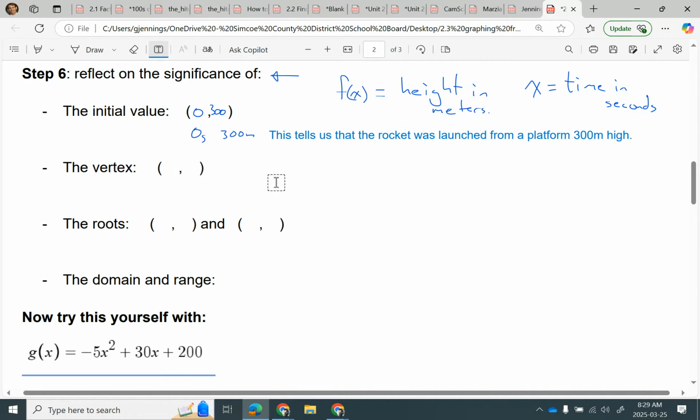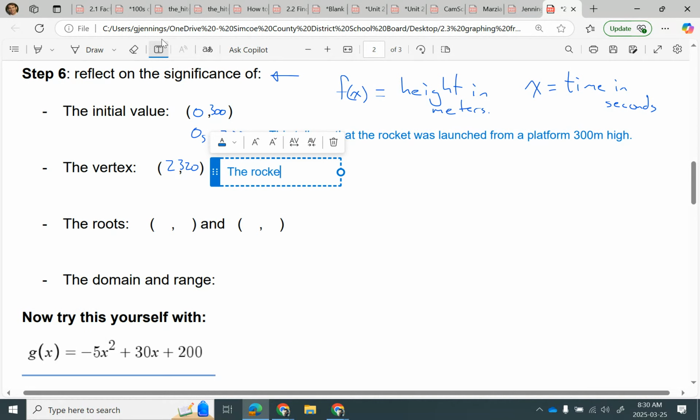Okay. Our vertex was at 320. So what does that tell us? 2 seconds, 320 meters. So that's the highest point the rocket has reached and could ever reach? Mm-hmm.